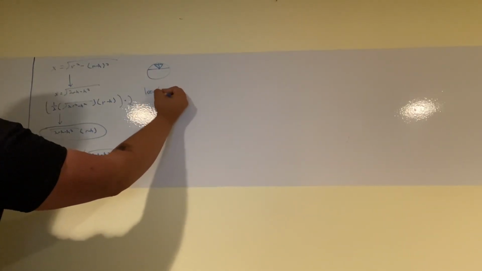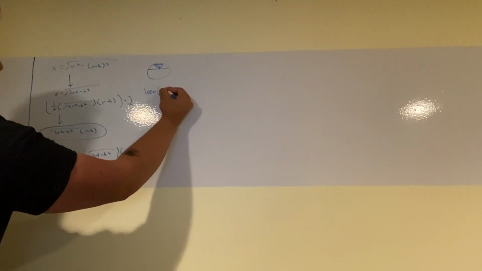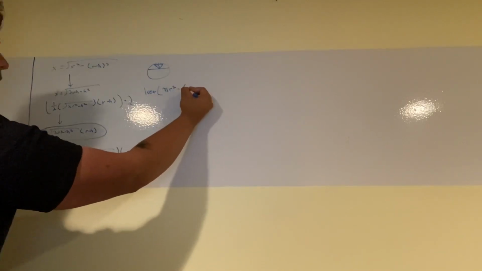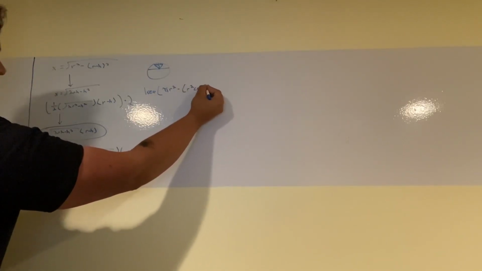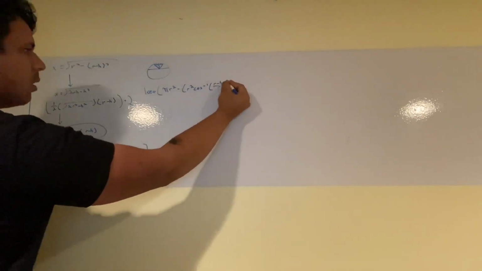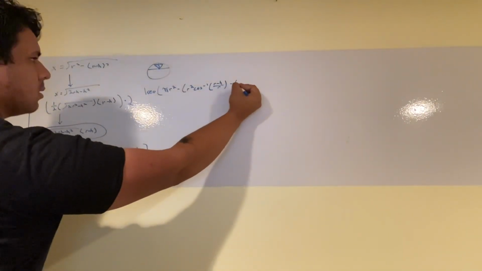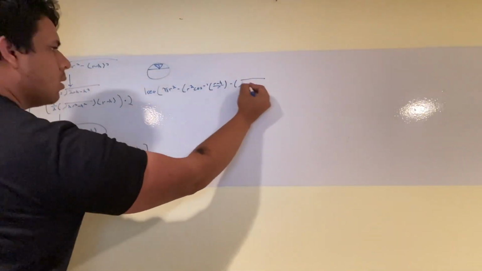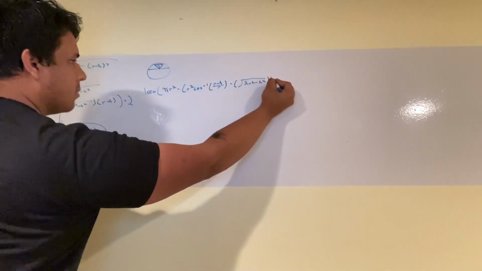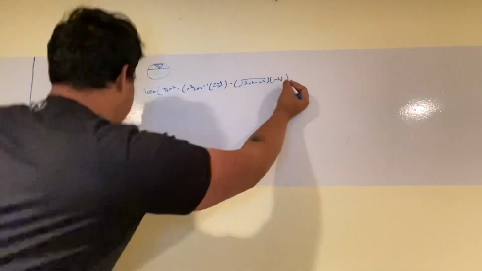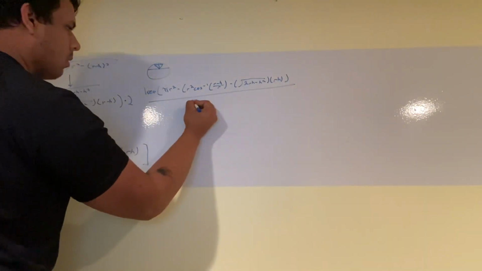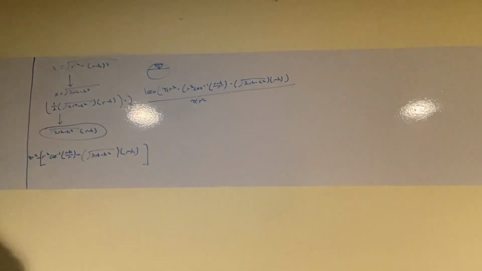So it'll just be 1,000 times pi r squared, which is all this equation, minus r squared cosine inverse of r minus h over r, minus the square root of 2rh minus h squared times r minus h, all over pi r squared.